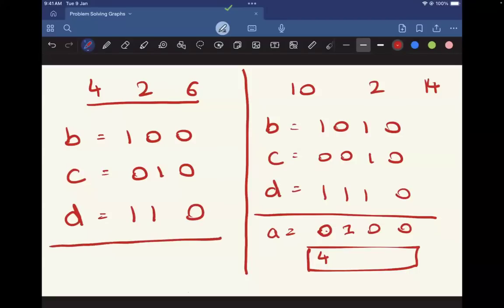Now, guys, you can see that B is equal to 1, C is equal to 0, and you want D is equal to 1. All right. Now, guys, no matter what you do, this position is always going to be set to 0. Yes or no? Correct? So, we can get a 1 here.